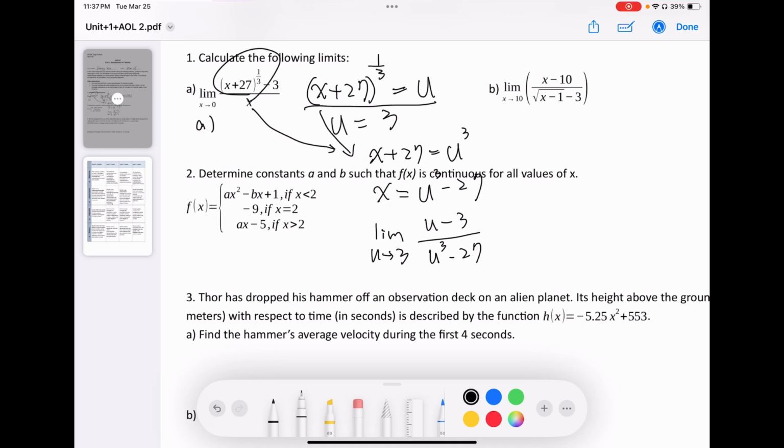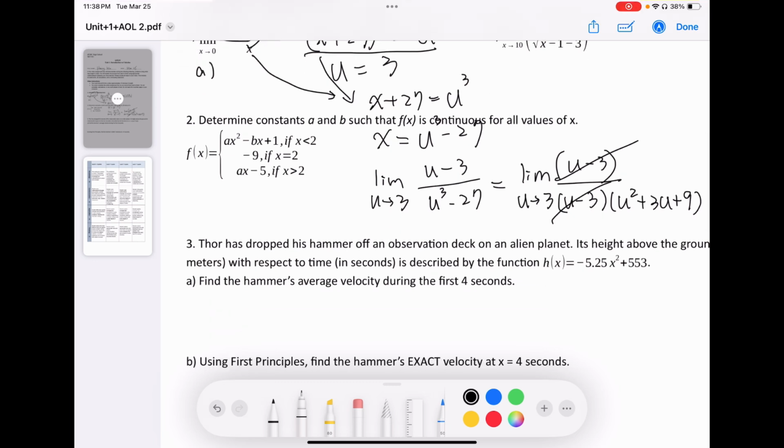Now we notice u cubed minus 27 is a difference of cubes, so we can factor it into u minus 3 times u squared plus 3u plus 3 squared, which is 9. Now we can cancel out u minus 3, and then we plug in u equals 3 right away.